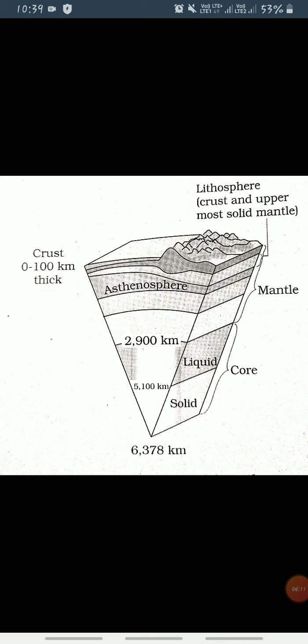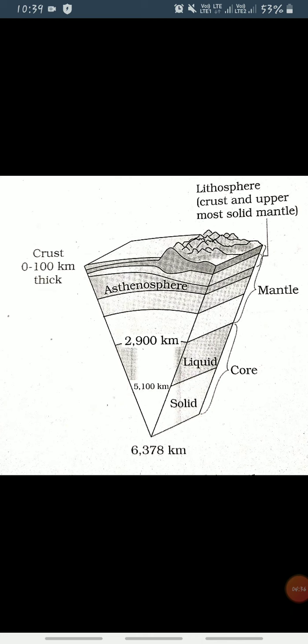So this core part is also in two parts, liquid and solid. The density of material at the mantle-core boundary is around 5 gram per centimeter cube, and at the center of the earth, at 6300 kilometer, the density value is around 13 gram per centimeter cube.